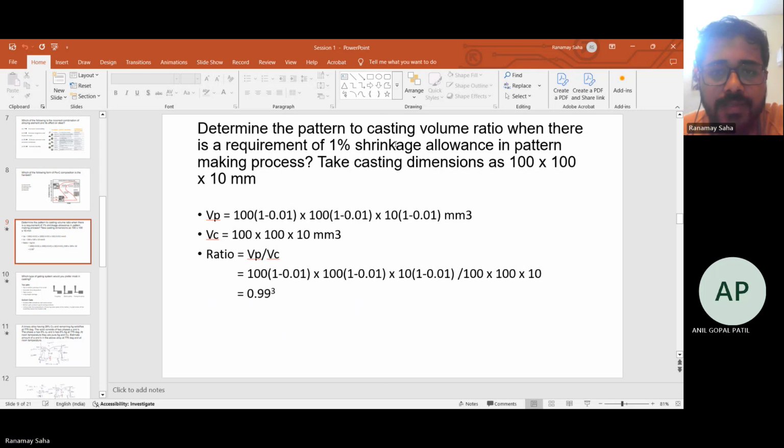So just don't get confused with this casting volume. This means casting pattern volume. That way the casting pattern volume should always be larger than the actual pattern volume in order to take care of the shrinkage during solidification. That way the ratio comes less than 1.